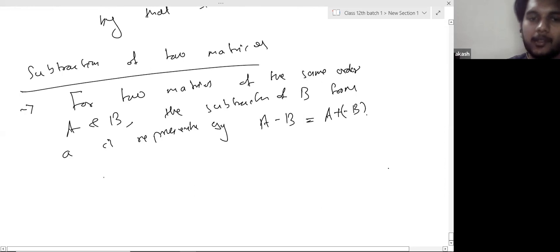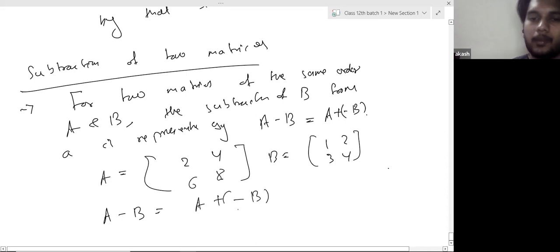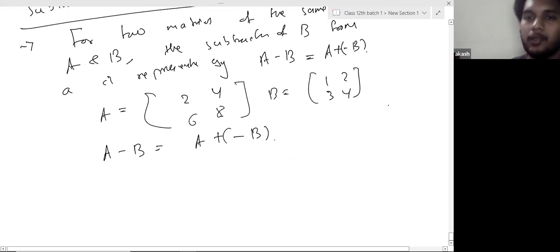So what this means is, if A is 2, 4, 6, 8 and B is 1, 2, 3, 4, and someone asks you A minus B, then what you have to do is A plus minus B. So what is minus B here? You have to multiply -1 to the matrix B, so all the elements become negative.